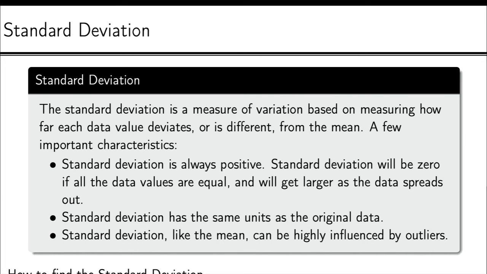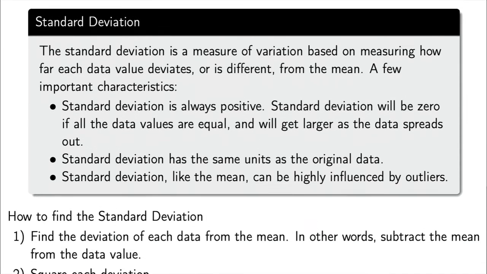As we spread our numbers out, the standard deviation gets bigger. The units on standard deviation are the same as the units on the original data. And it can be highly influenced by outliers. If I have a group of people and I ask their income, and one person is making millions of dollars but everyone else is standard middle class, that's going to affect my standard deviation.